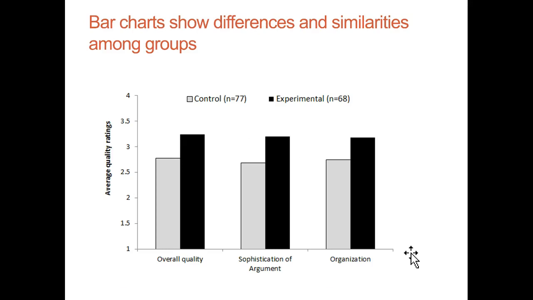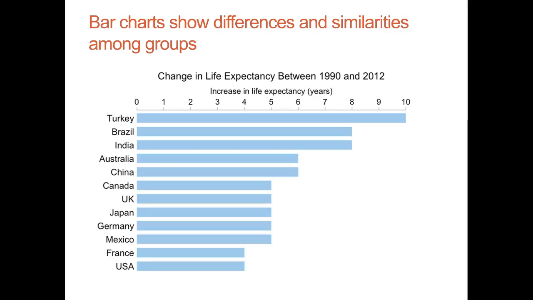What bar graphs do well is they really help us show differences and similarities among groups, such as this one. Now, this also shows similarities and differences so that we can really quickly see and visualize that Turkey had much bigger change in life expectancy than the US, which is down at the bottom.